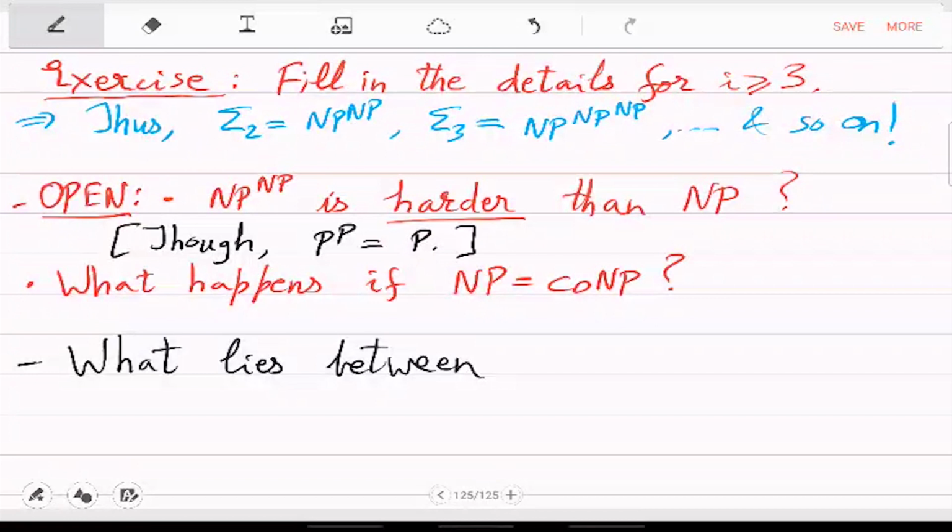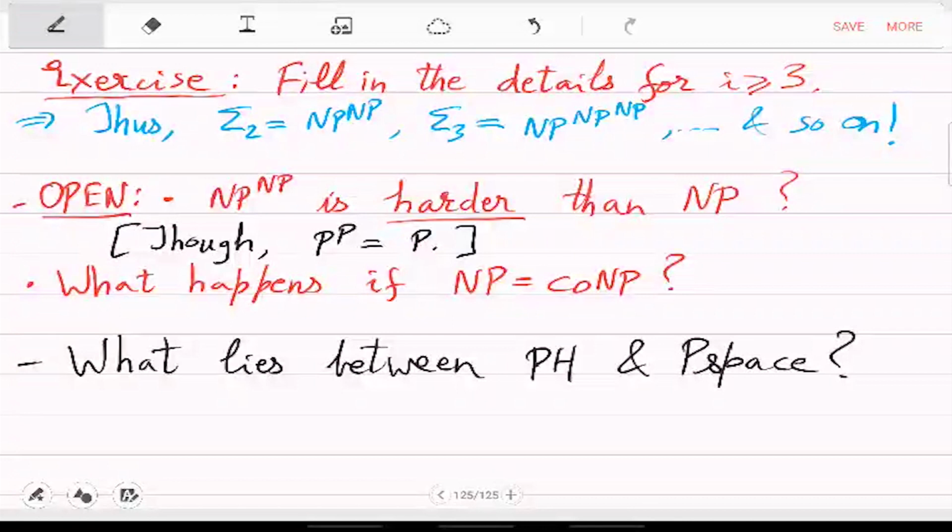So what we'll do next is now investigate the space between the polynomial hierarchy and PSPACE. Okay, so again we don't really know whether these two are separate, but under all this theoretical evidence, it's safe to say that PH is a proper subset of PSPACE.